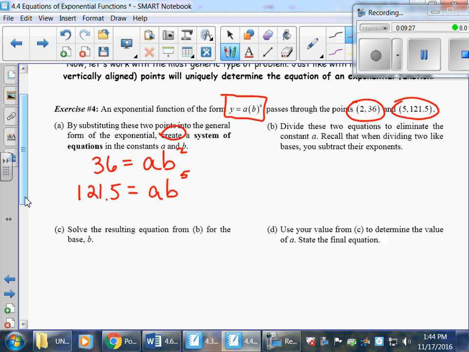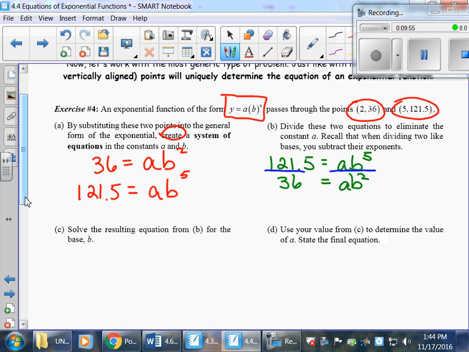B says divide these 2 equations to eliminate the constant a. Recall that when dividing 2 like bases, you subtract their exponents. So I'm going to divide, and I'm going to put the larger one on top to avoid negative exponents, by the way. 36 equals a, b to the 2nd power, and I'm simply going to divide each one of these.